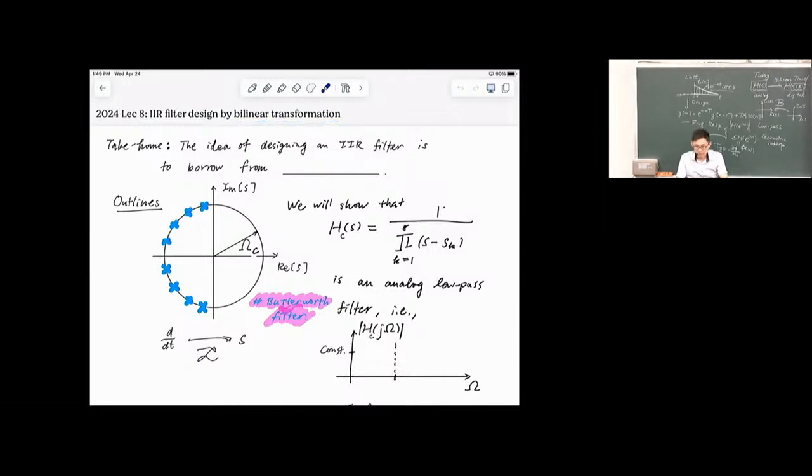I promise you that this is a more sophisticated and better way of designing an IIR filter. But the take-home message is that the idea of designing this IIR filter by this method, again similarly, is that we borrow from analog.